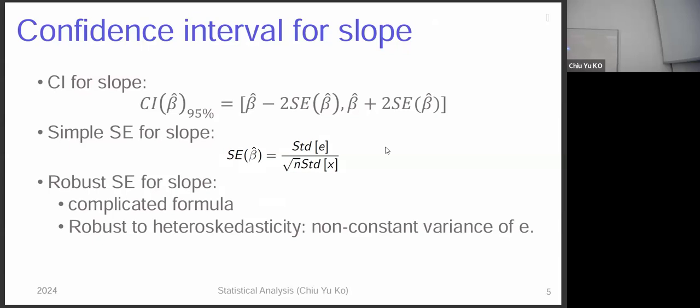And how do we find the standard error? Luckily, in our current model, it can be done by the formula. But again, if you recall, we can do bootstrapping, right? With sampling.